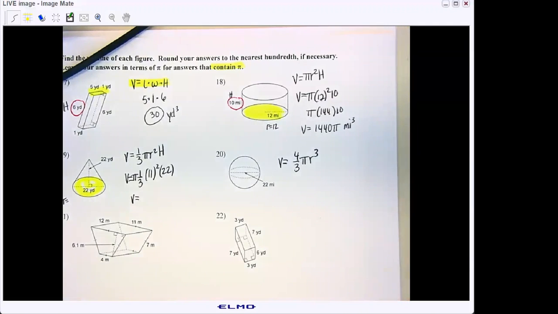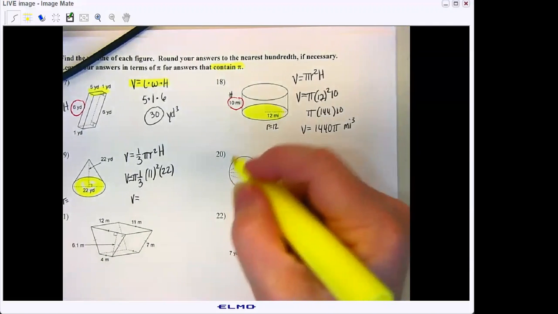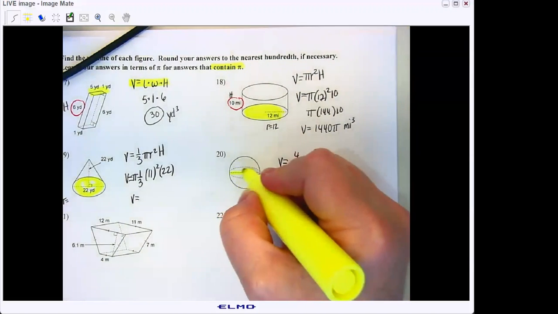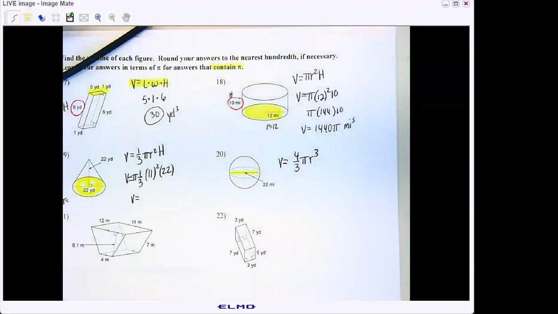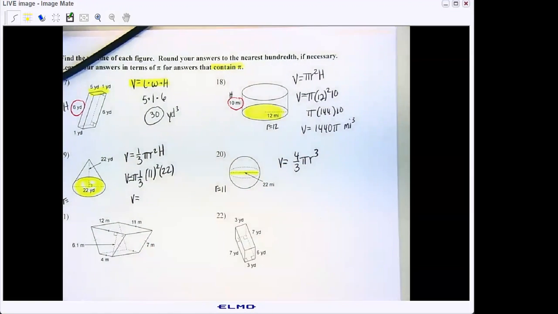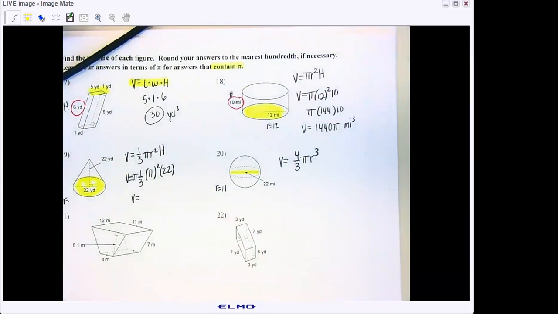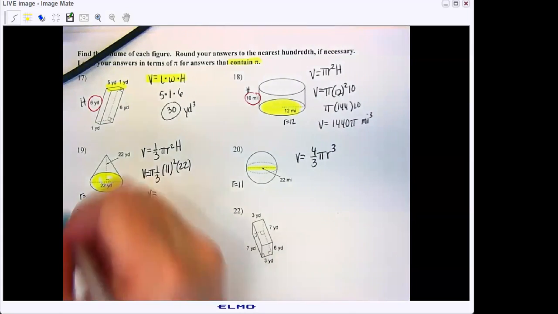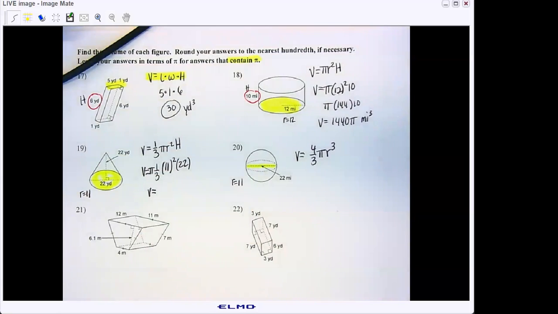Actually, this is kind of the same idea because here's my R, or here's my across that they give me. And again, R equals 11, just like number 19. R equals 11 over here, R equals 11 over there. Didn't mean for it to be that way. And we're going to plug it in.